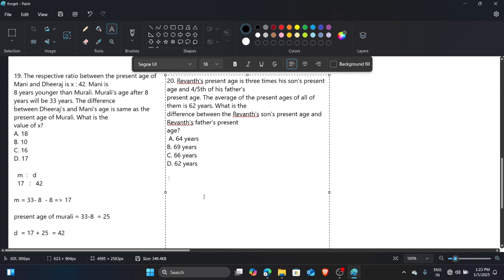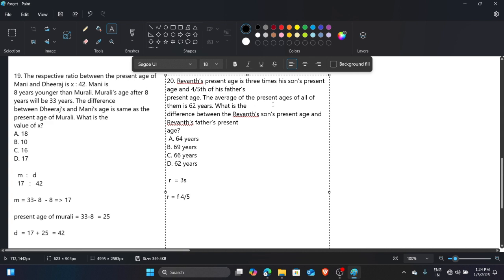Let his present age be R, and his son's present age be S. Three times his son's present age, and four-fifths of his father's age. That means three times S, and four-fifths of his father's age, so 4/5 of F.